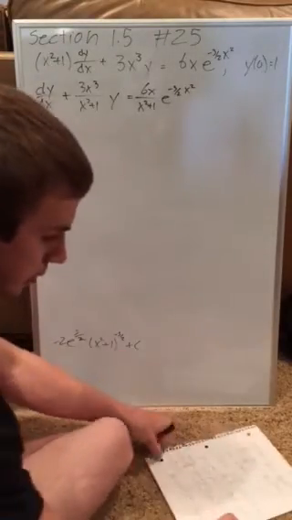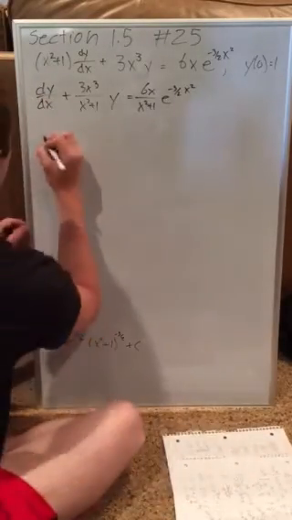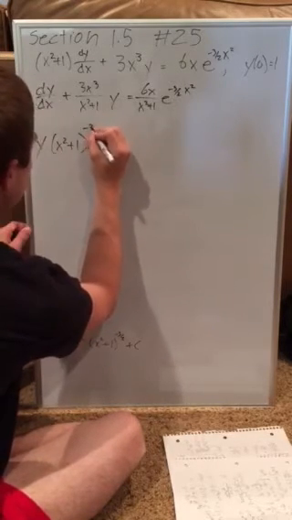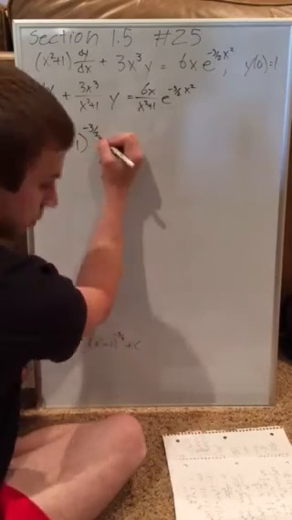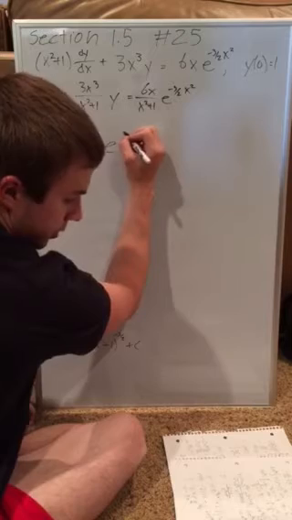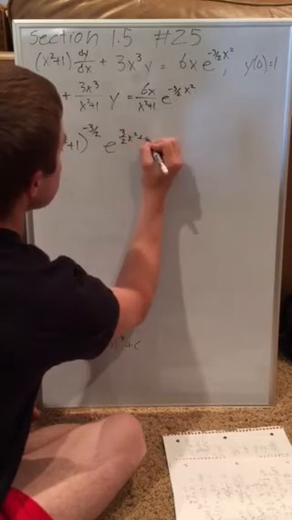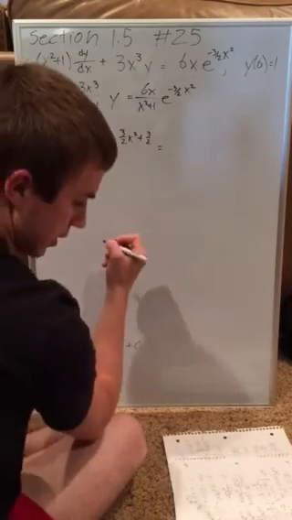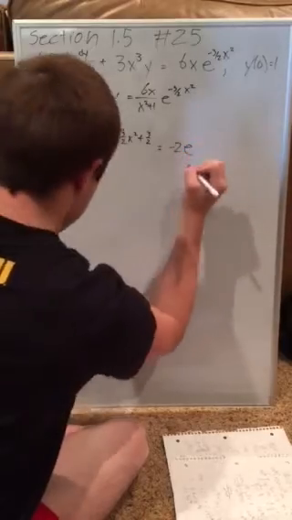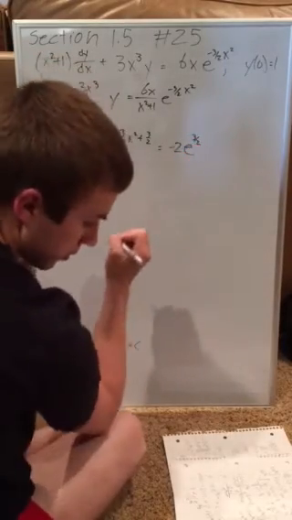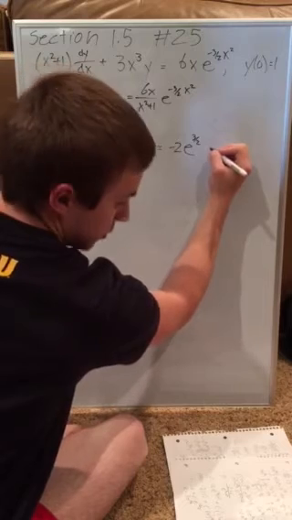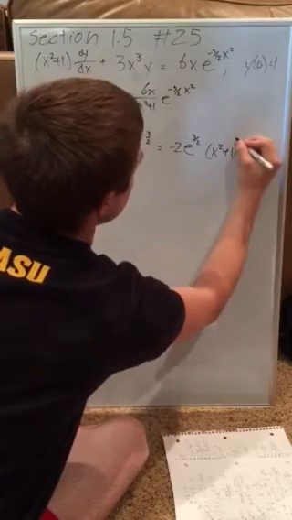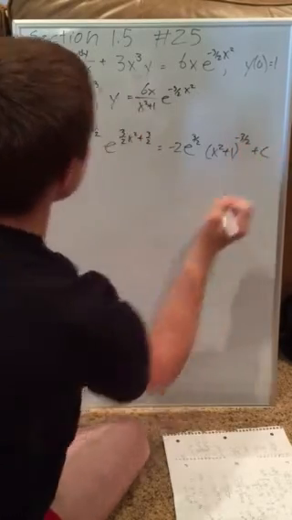So we have our y times x squared plus 1 to the negative 3 over 2 times e to the 3 over 2 x squared plus 3 over 2, which is equal to now negative 2e to the 3 over 2 times our x squared plus 1 to the negative 3 over 2 plus c.